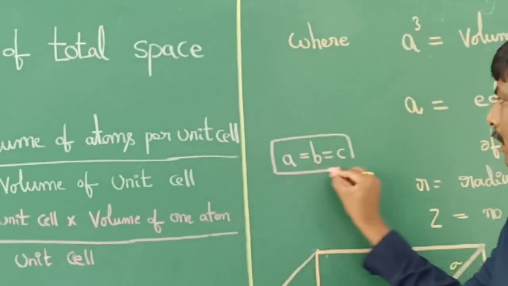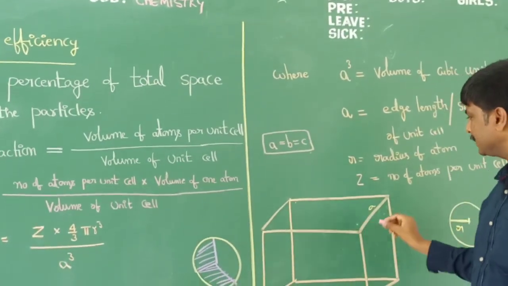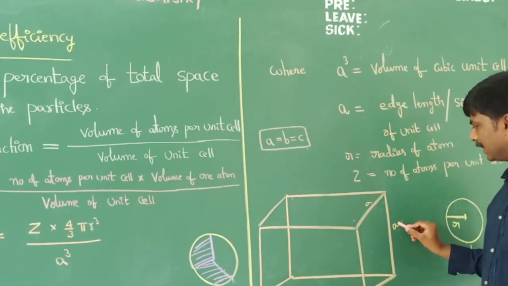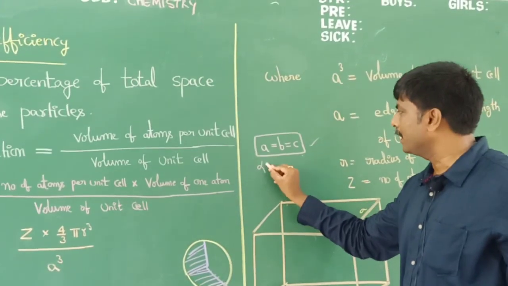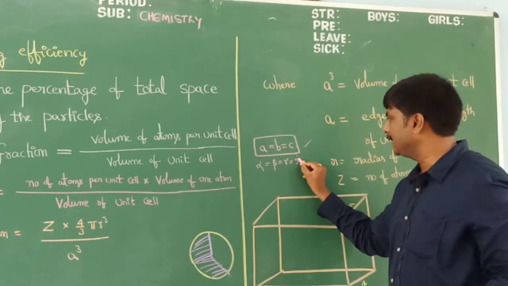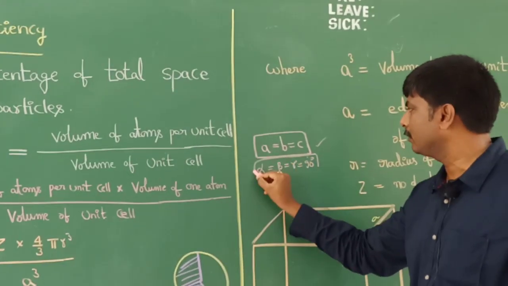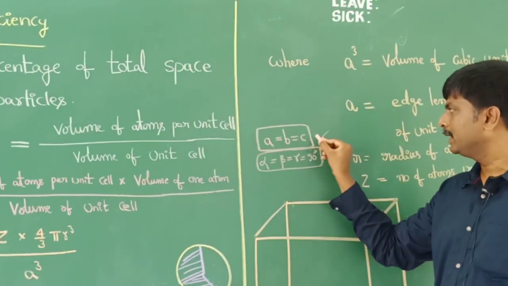That means all edge lengths are equal. This edge length is a, this edge length is a, this one is also a. Similarly, alpha = beta = gamma = 90 degrees. All the angles are equal to 90 degrees. All the sides are equal, a = b = c.